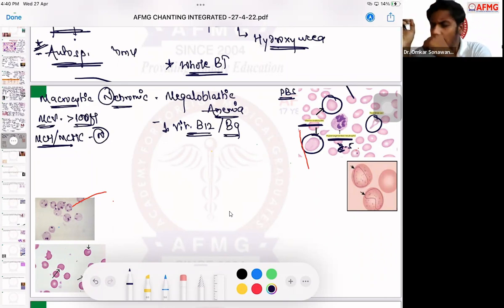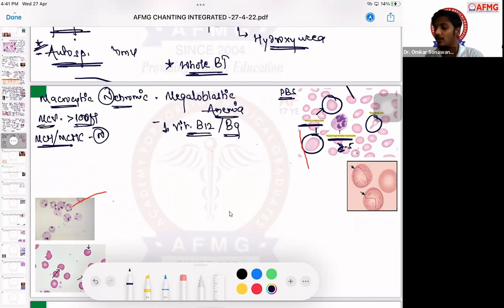So ileocecal tuberculosis or any malabsorption syndrome affecting the ileum will cause malabsorption of vitamin B12. And if there is any malabsorption syndrome or infection causing damage of the jejunum, that will cause deficiency of folic acid in the patient, right? Apart from that, folic acid deficiency is also seen in pregnancy or due to some anti-epileptic drugs, right? Therefore, a patient on anti-epileptic drugs in pregnancy is at high risk of having megaloblastic anemia.